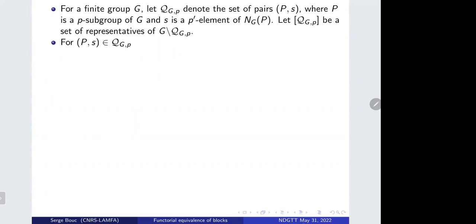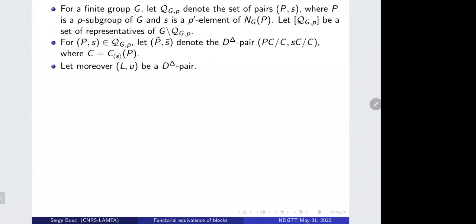Now, for (P, s) in that set, we can build a particular D-delta pair, which is obtained by modding out the part of the group generated by s which acts trivially on P. So in formal terms, we denote by (P~, S~) the pair (PC/C, SC/C), where C is the centralizer in the group generated by s of P, the set of elements which act trivially on P. And this tilde on P is a bit misleading, because actually P~ is isomorphic to P, it's just another version of P, if you like.